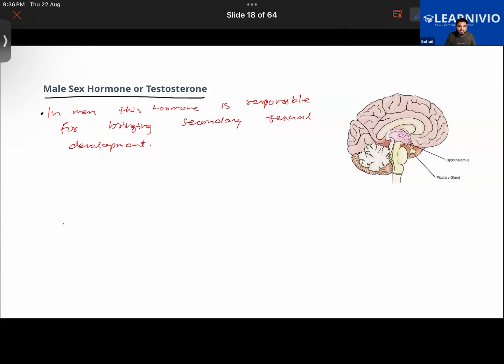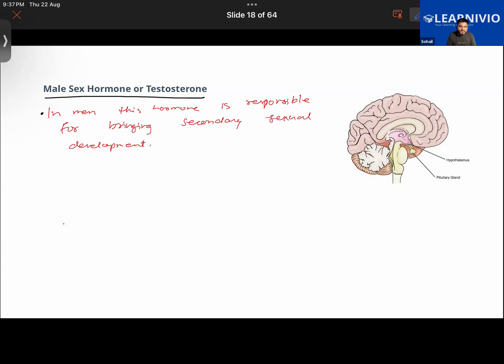When a child would be attaining the age of puberty, that is 17 years, 18 years, or 19 years, two kinds of changes would have happened in their body, particularly in the male. The production of sperms would have started to take place, right?